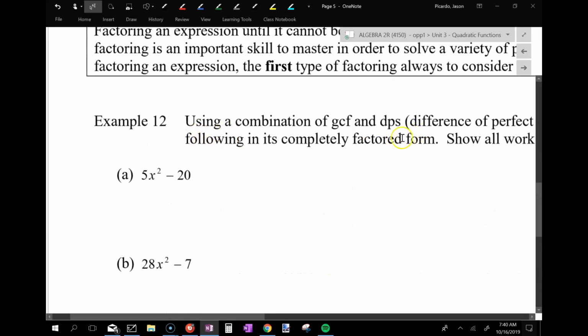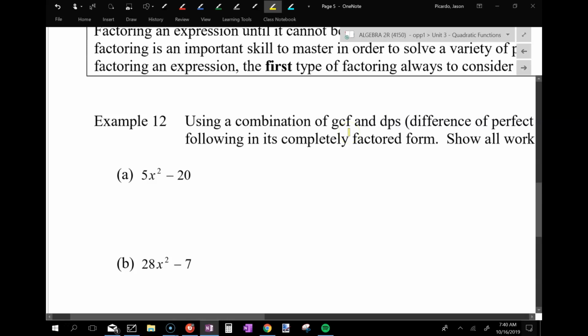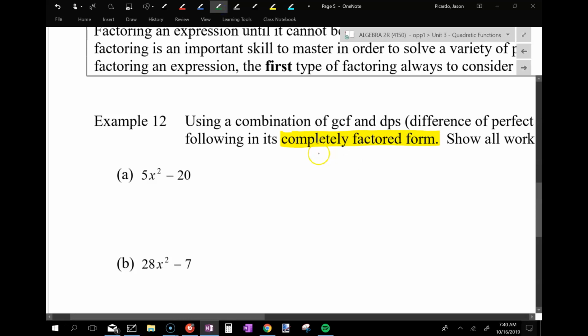It says use a combination of GCF and DPS. And I want you to circle this and star this phrase right here. Completely factored form. Okay? When you see that phrase, completely factor, what that means is you might have to do more than one method, right? So make a note of that. This might be more than one method.